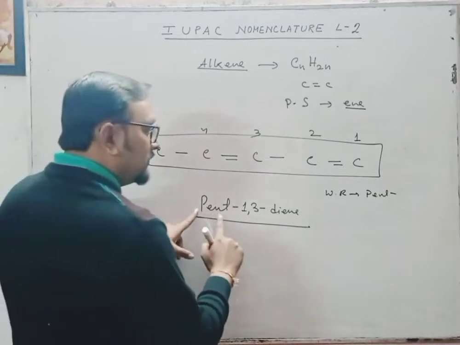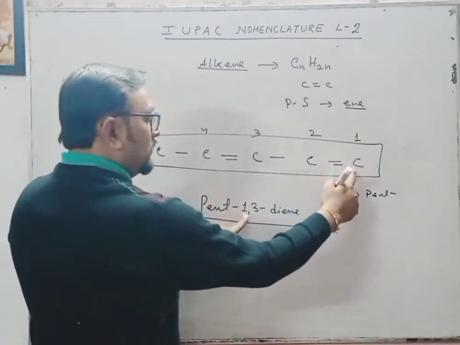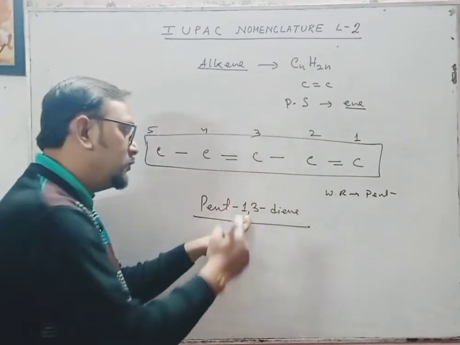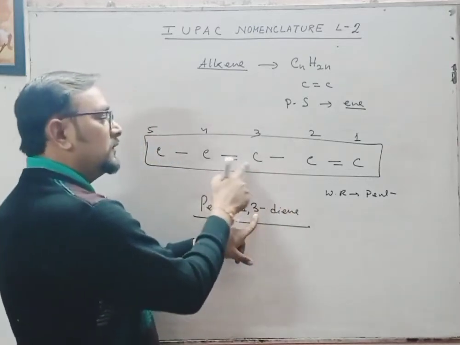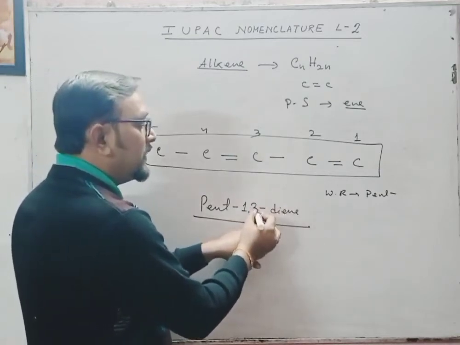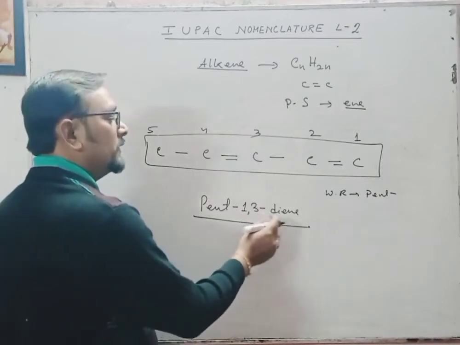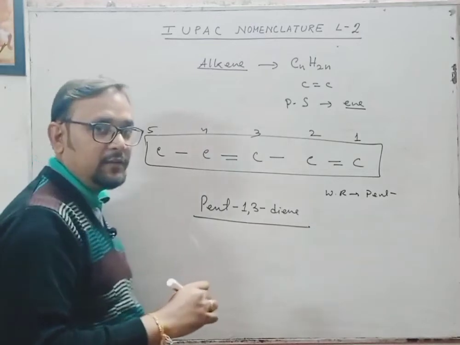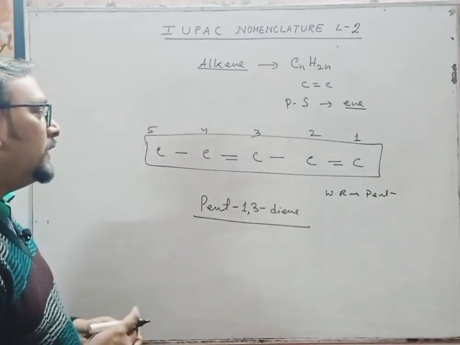Always put the comma between numbers, never use a comma between letters. Whenever I separate a number and letters, I give a hyphen. So 1,3, and di is the prefix which shows it has repeated twice, so diene. Clear all of you? Done?